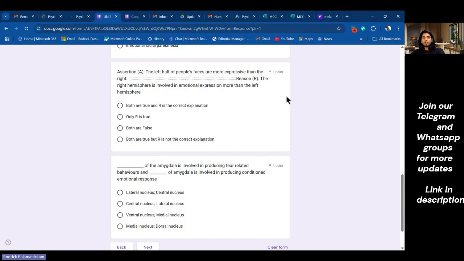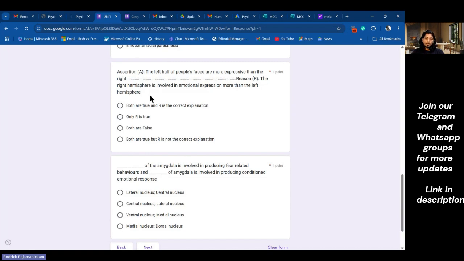This is in the pattern of NET because NET has more analysis-based questions. Here the left half of people's faces are actually more expressive. The reason is that we have more right-sided structures which are involved in emotions. For example, even in speech, the intonation and expression are taken care of by the right side, the right-sided counterpart of Broca's area.